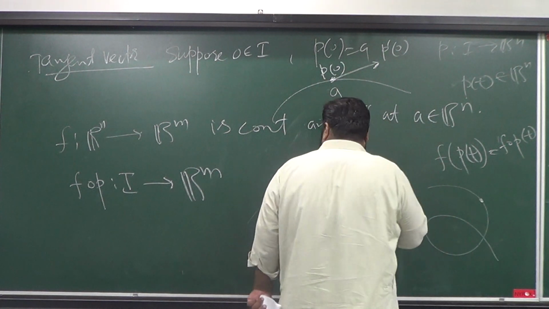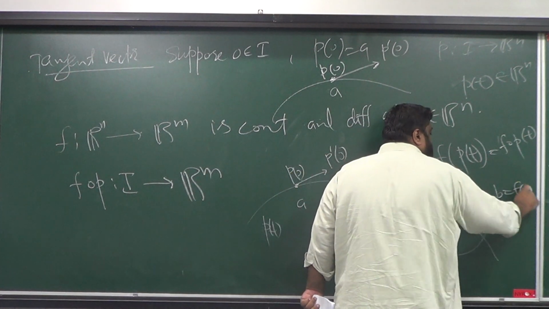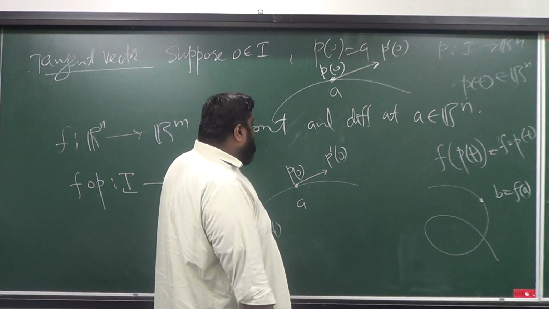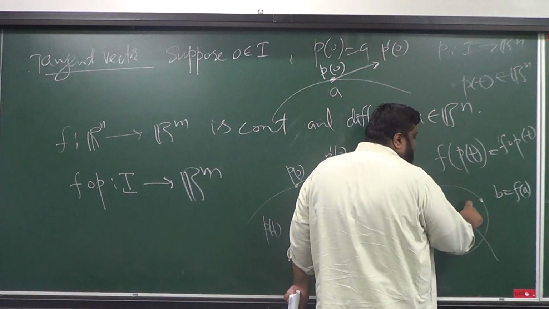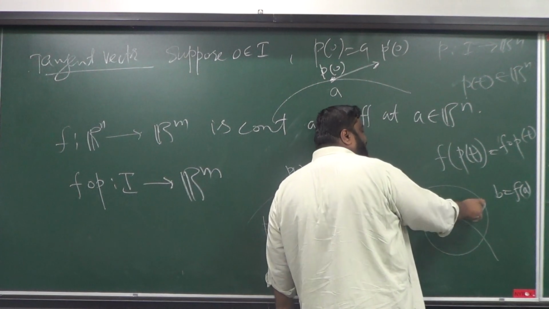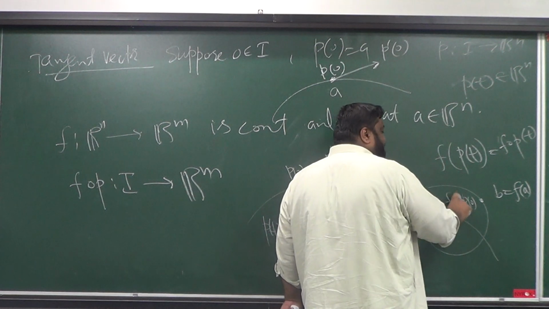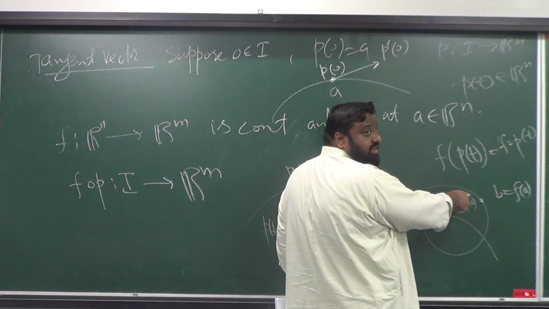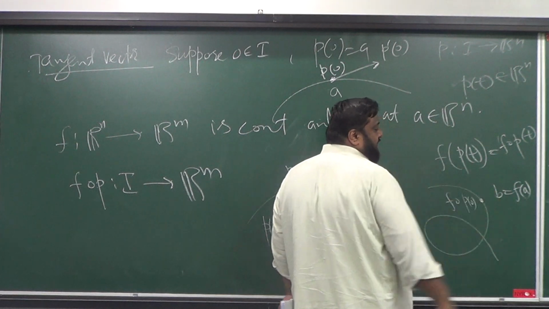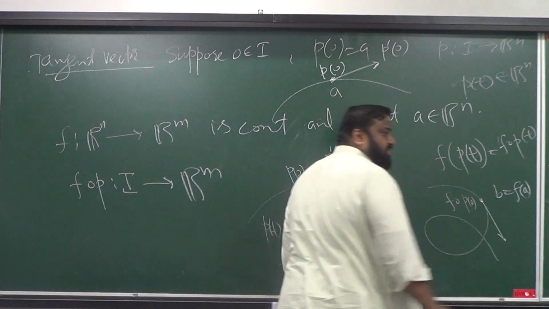So f of A, this is b equal to f of A. Or if you see it from the path point of view, this is p of 0, then you have f composition p of 0. So f composition p of 0 is b, you can also treat it as f of A. So you're going to have a tangent vector here as well.